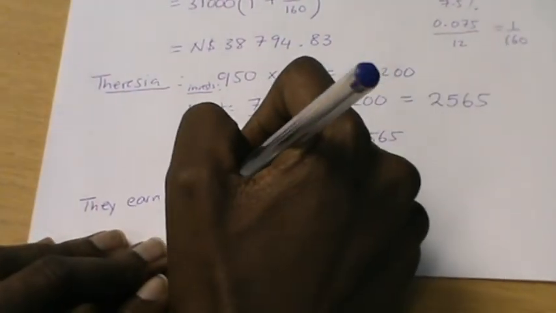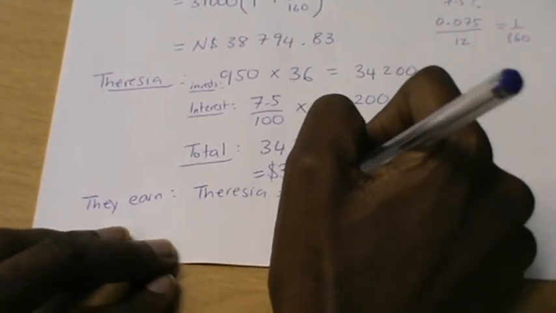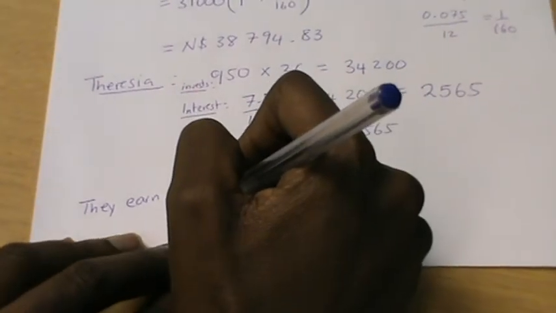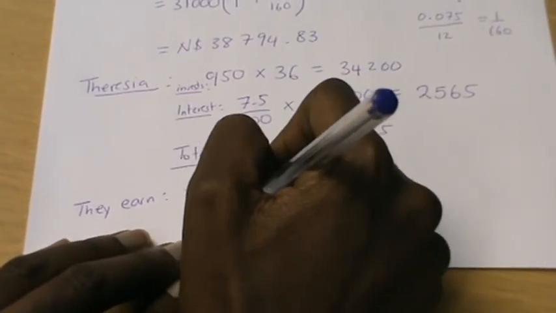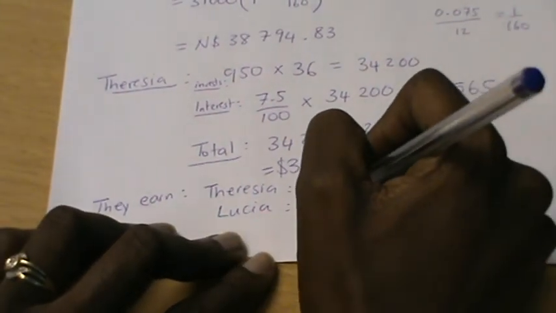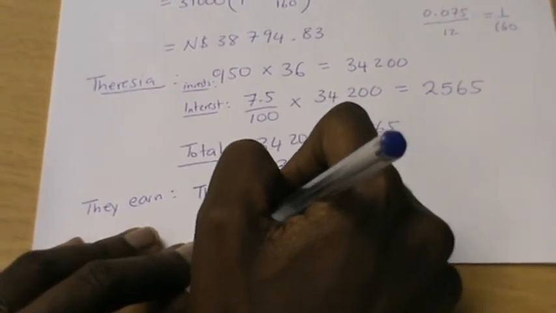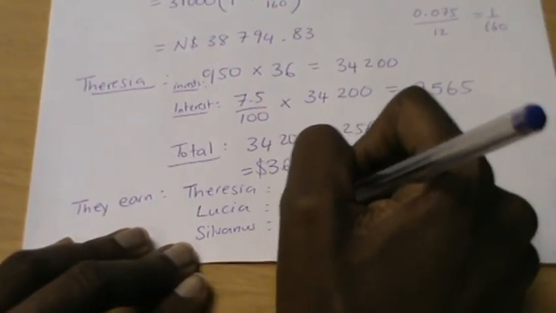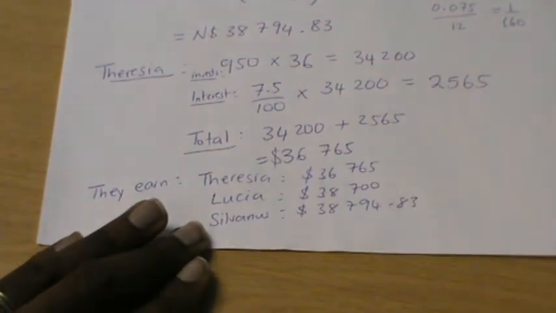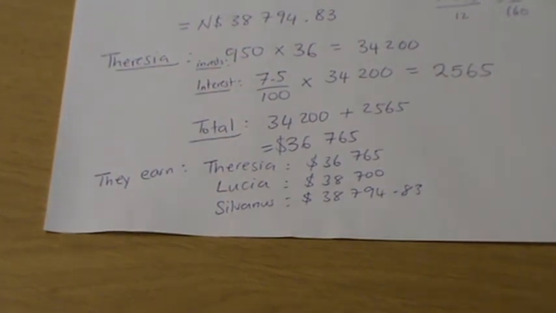They earn, so I say Theresia earns 36,765, and then we have Lucia, who comes in next at 38,700, and then Silvanus, smart guy, he earns 38,794.83.